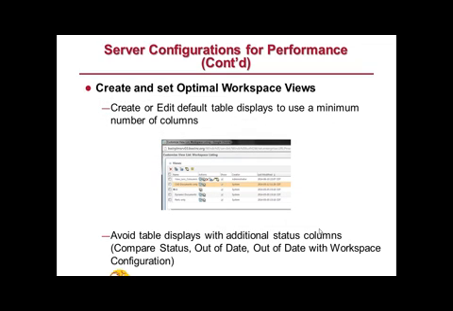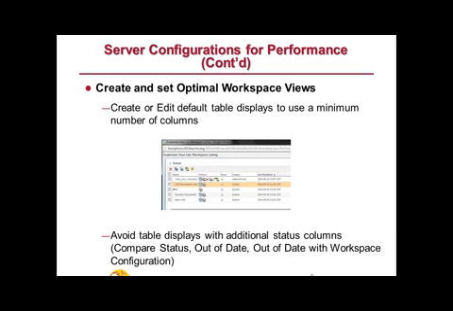Another step which you should normally perform in your common space or workspace is to edit your default table displays to use a minimum number of columns. When there are more columns in your views, it's going to pull more information from the server, thereby decreasing the performance.